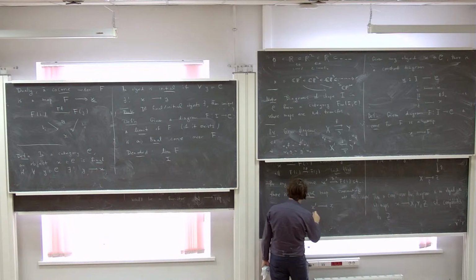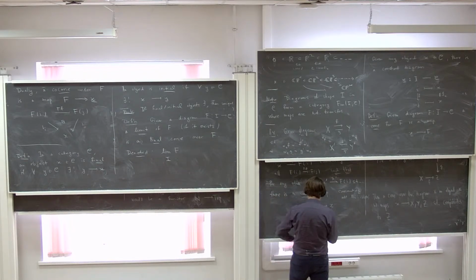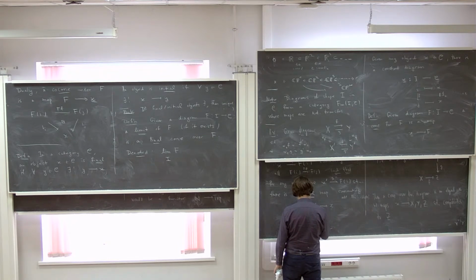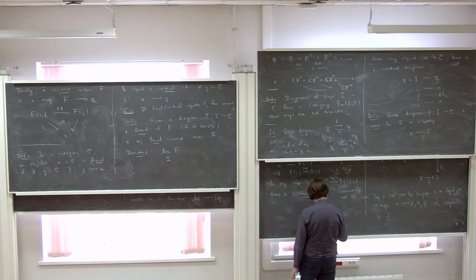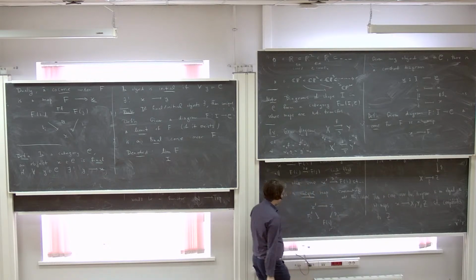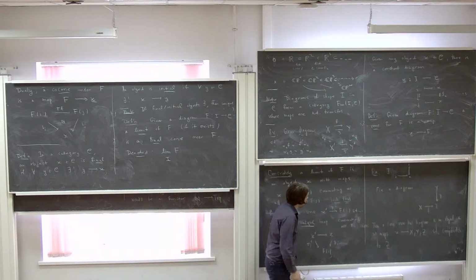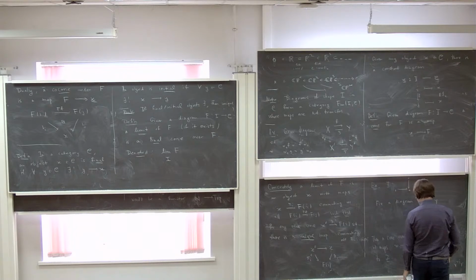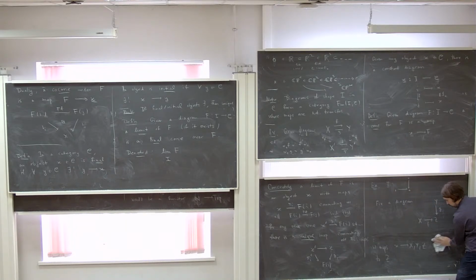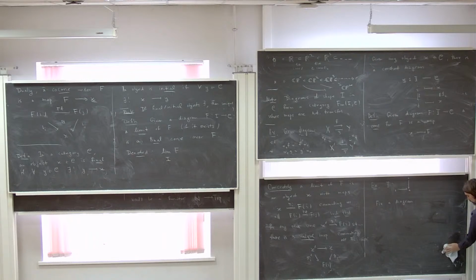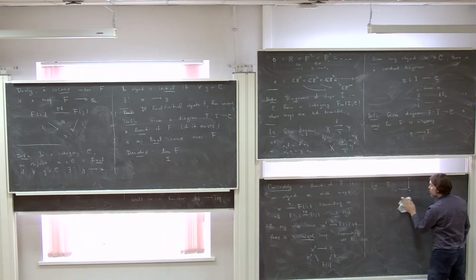So let me draw it. Here I have the pi i prime. Here I have the pi i. And if you think of our example, say equalizer or pullback, this was exactly a universal property for the fiber product.